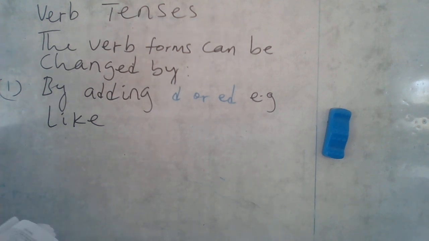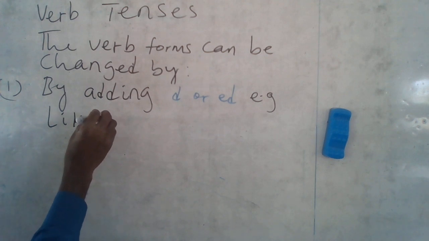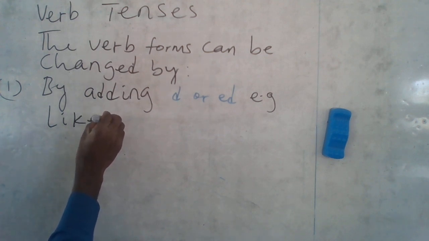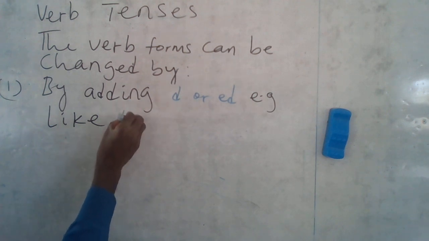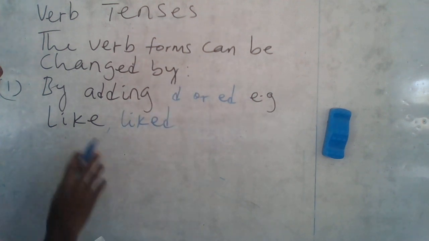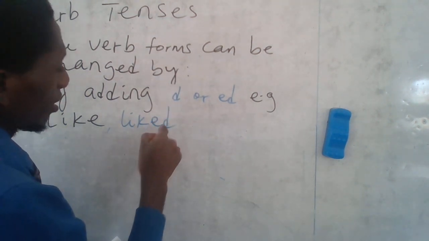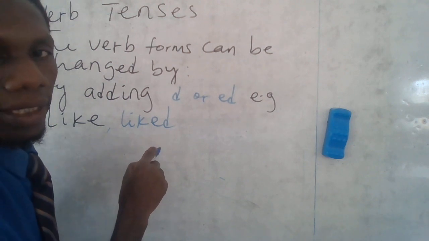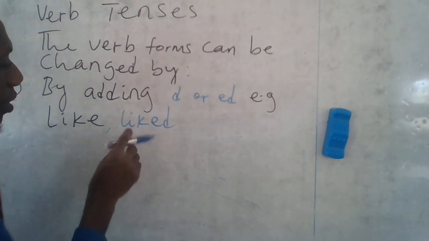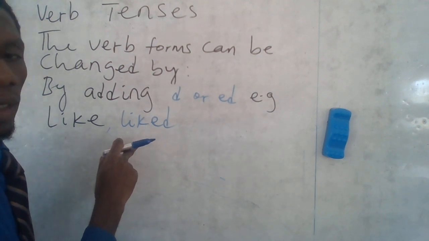So this means by adding a d, they say it was like. Now I add this letter d to become liked. So this word liked is now in past tense. All right.